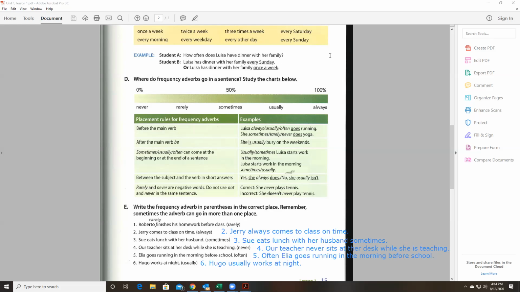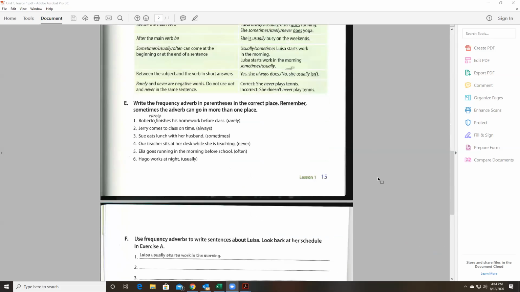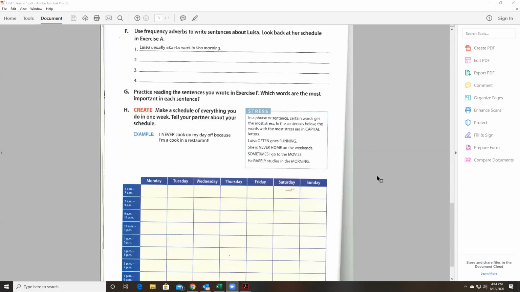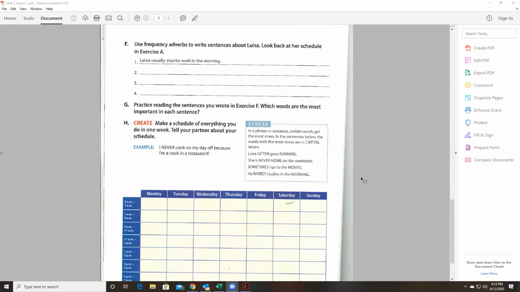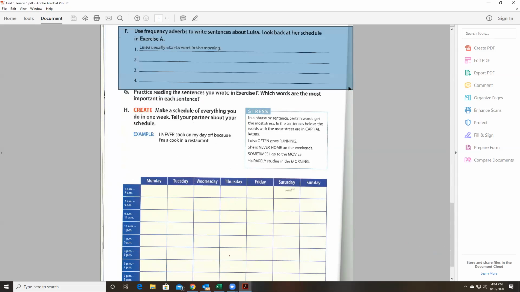All right, I do have to clear it so I can go to the next page, and I have to exit out of this. Okay. So F, it says use frequency adverbs to write sentences about Luisa. Look back at our schedule and exercise A. This one, I'm going to let you do on your own. When you give me your packets on Monday, I will look at question number 2, 3, and 4.